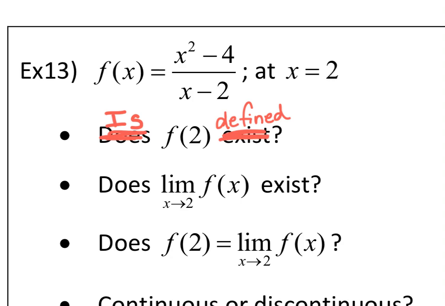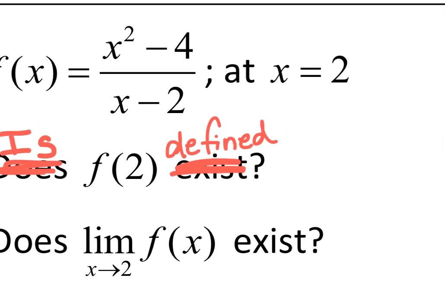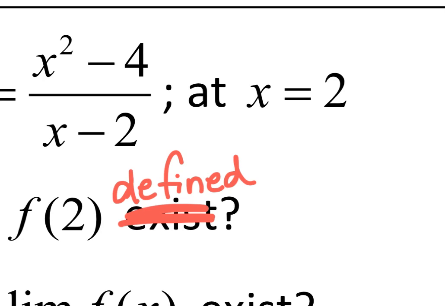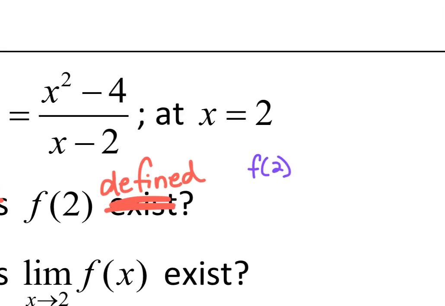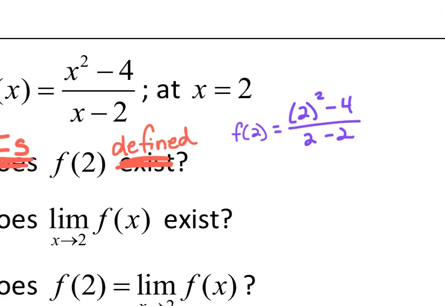So here, is f of 2 defined? You can tell just by looking at it that 2 minus 2 in the denominator is going to make it undefined. But I'm going to show the substitution because I think that helps me be complete. So 2 squared minus 4 all over 2 minus 2. And so my answer here is going to be no.